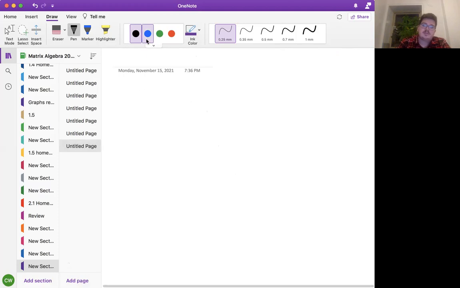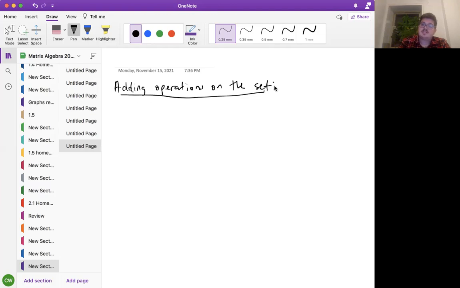So now we're going to be more creative with our sets, and think about how you can add operations on the set. This is no longer just a set, but a set with an operation. So here's the definition.